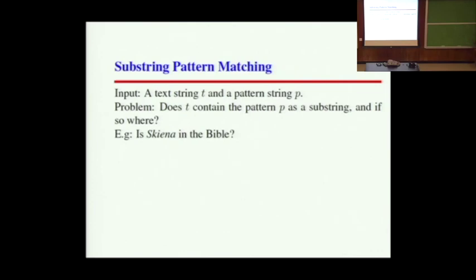How many people see that? How many people don't see that? Okay? And again, why is it n times m? Because in the worst case, when the text was all the same characters, and the pattern was all the same characters except something at the last element, if I start matching from the left, I'm going to have to check all m characters before I decide the pattern didn't match.